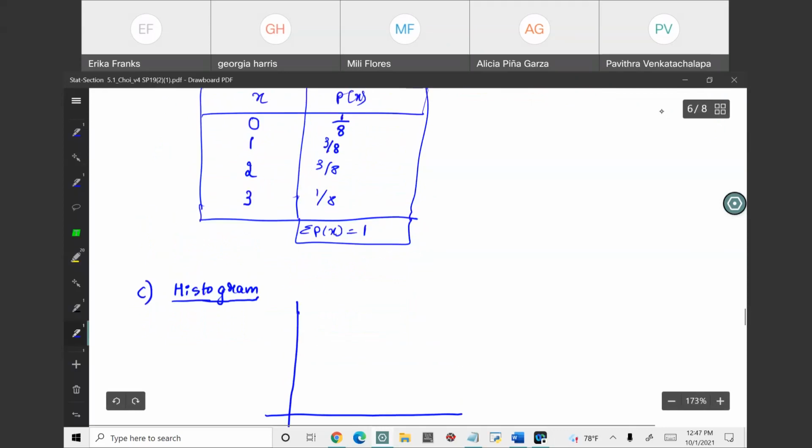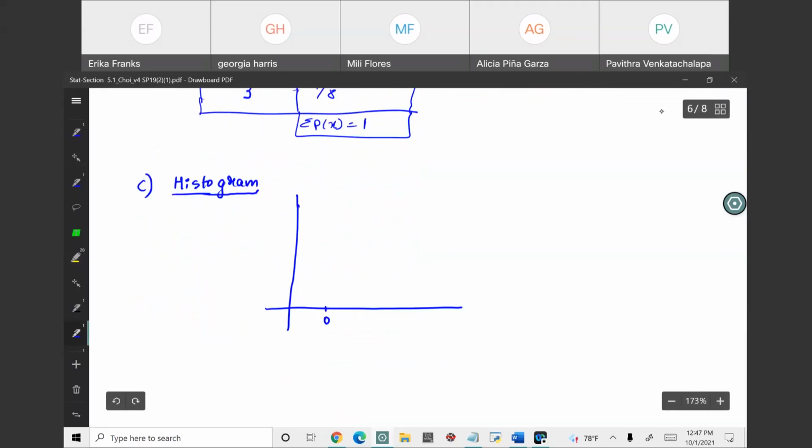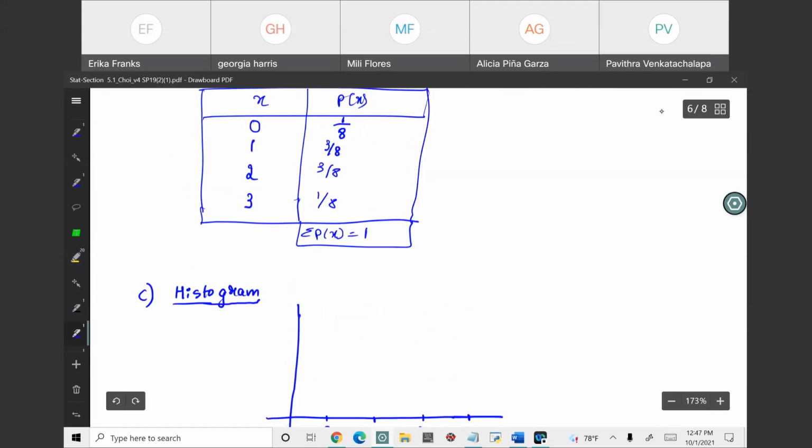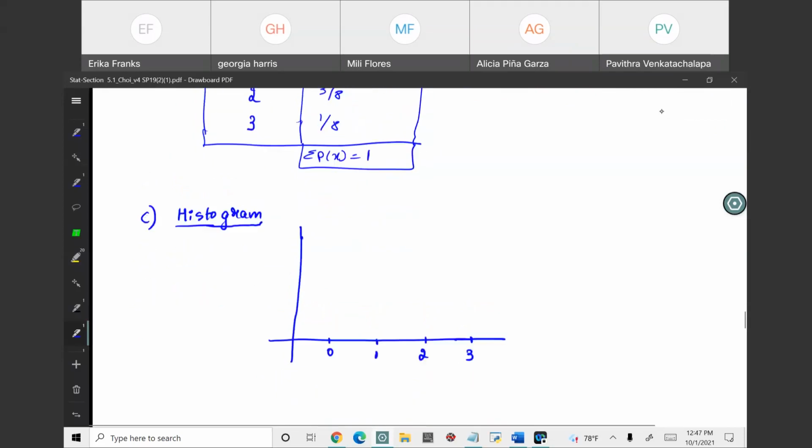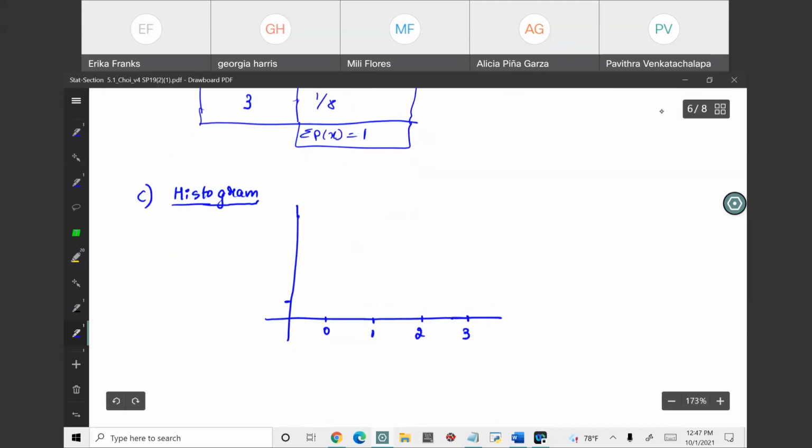This is 0, 1, 2, 3. And what values do I have? 1 over 8, 2 over 8, 3 over 8. I'm going to stop there.